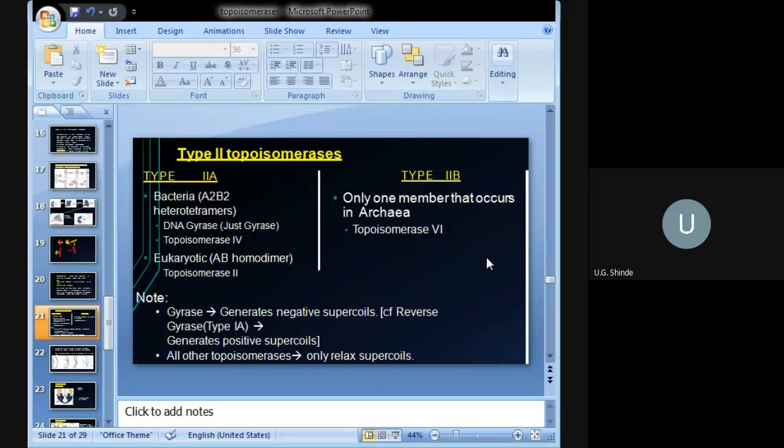Can we go forward? कॉलम बनाए हैं आपने? No, sir. हाँ, तो make two columns for having a difference between subclass of type 2 topoisomerase as type 2A in one column and in second column type 2B.